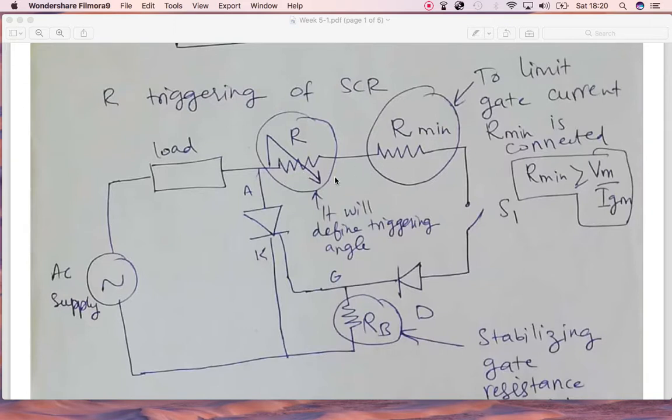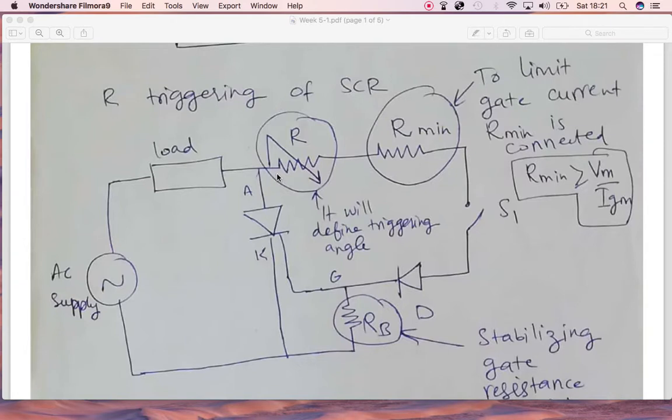The greater these resistances, the lesser the current which will come over here, and it will not turn on the SCR earlier, and the lesser the resistances over here, the greater the current, and it will turn on the SCR earlier. Then this loop of current will activate, and all the voltage of the AC supply will appear across the load.